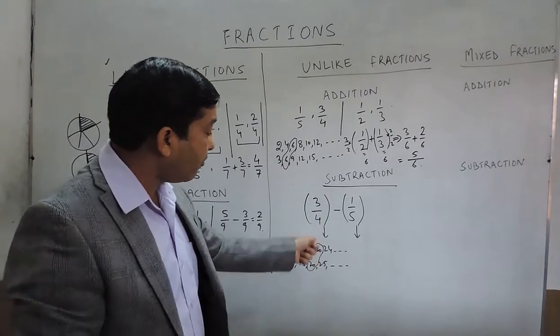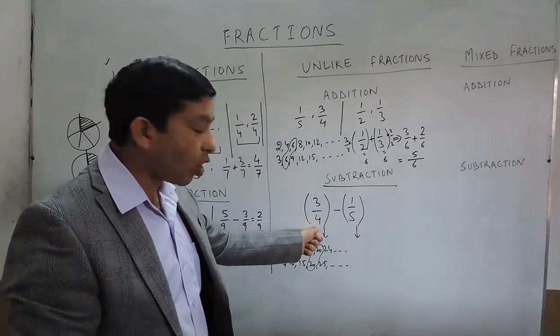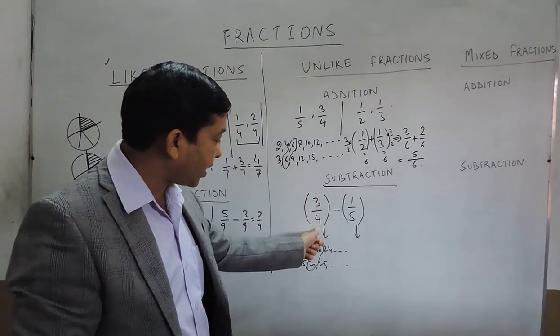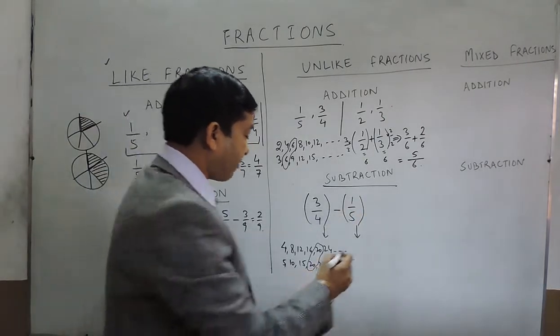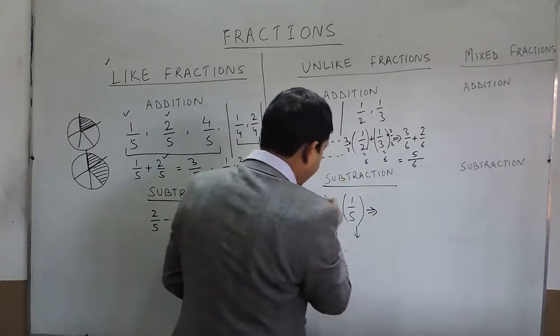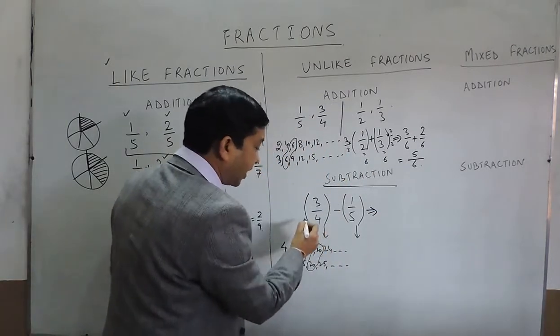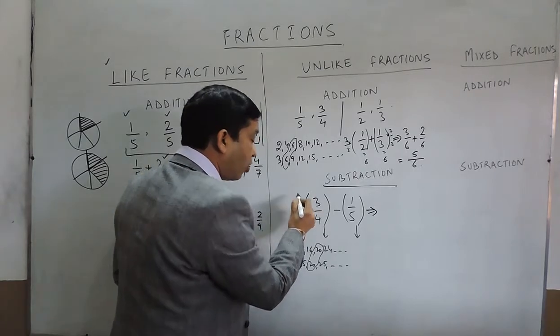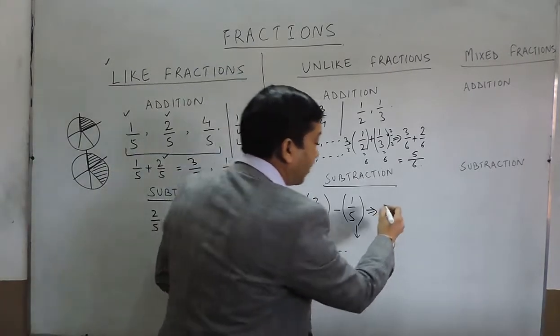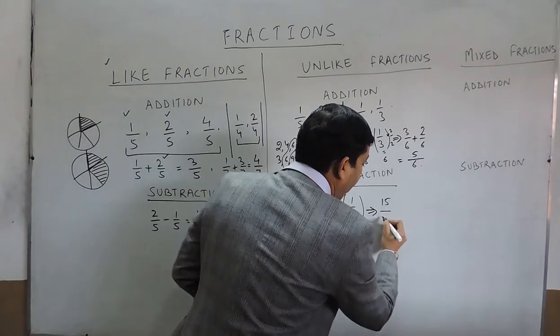20 is a number which can be written in the denominator for the equal fraction of 3 upon 4 as well as for the fraction of 1 upon 5. So when I am saying it is 3 upon 4, I am writing 20 in the denominator, we have to multiply it by 5. So in the numerator also we multiply by 5, it becomes 15 upon 20.